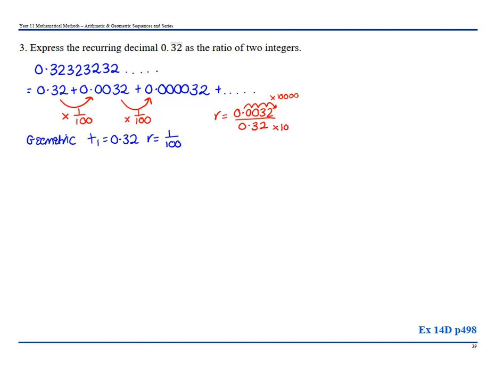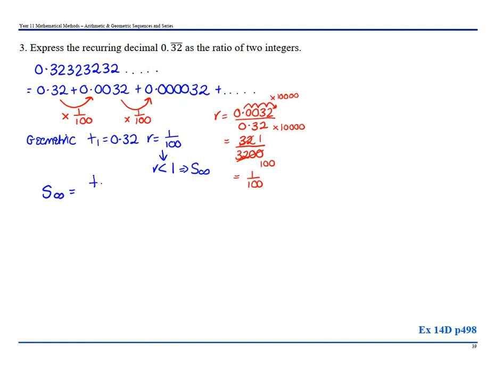So I do the same to the bottom. And I end up with 32 over 3200. Then you should be able to say 32 into 32 is 1. 32 into 3,200 is 100. So it's 1 over 100. Now, r is less than 1. So I can use S infinity.